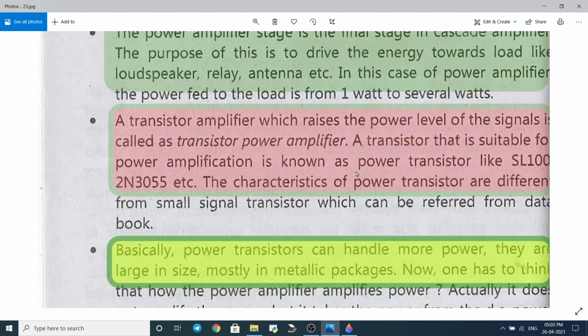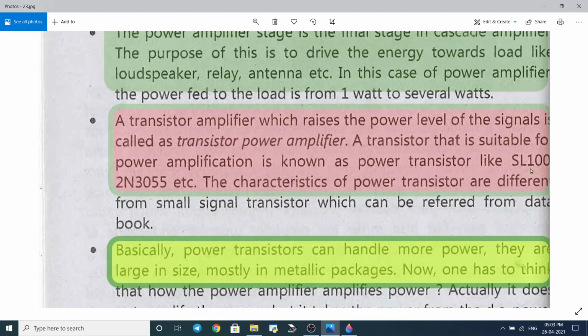In the last chapter we have seen the small signal amplifier, that is voltage amplifier, and there we use ordinary transistors, general purpose transistors. But here in power amplifiers we have to use power transistors.